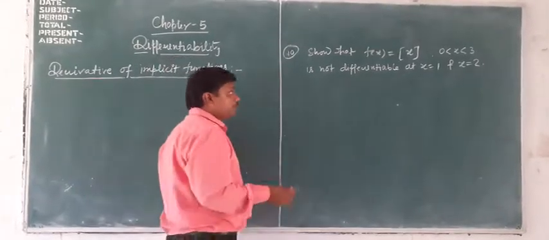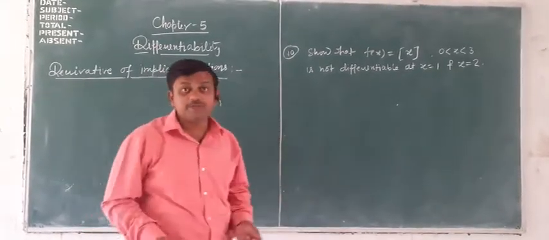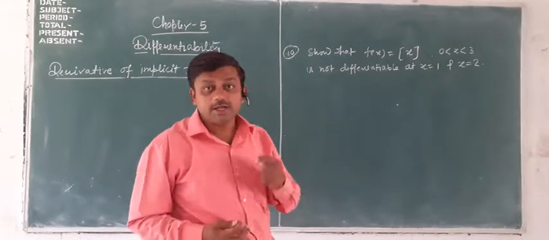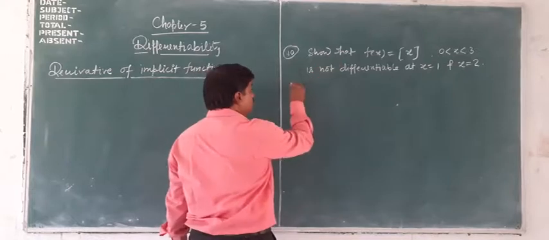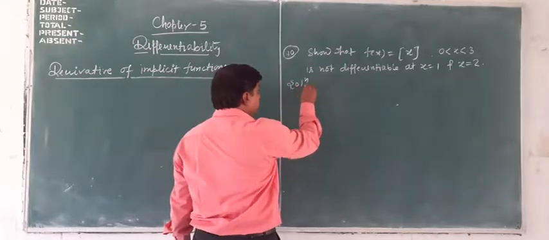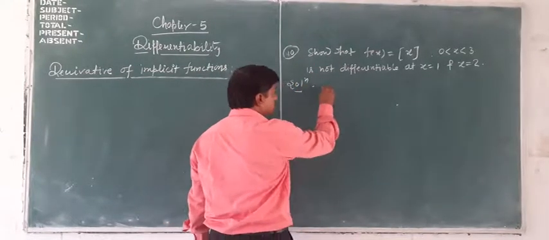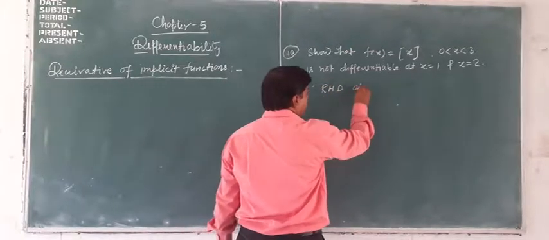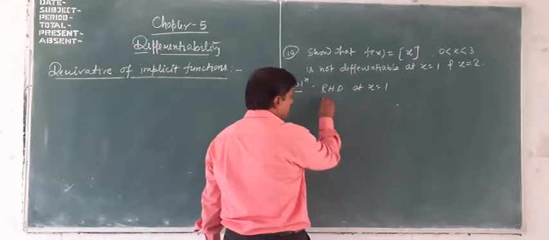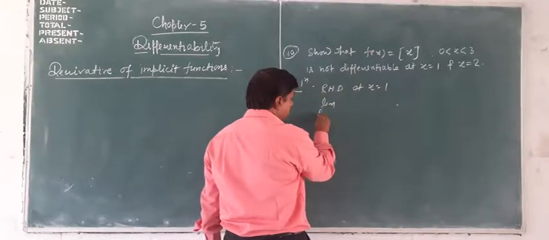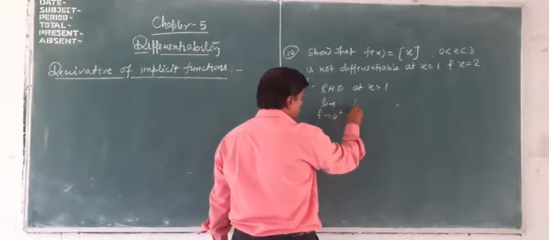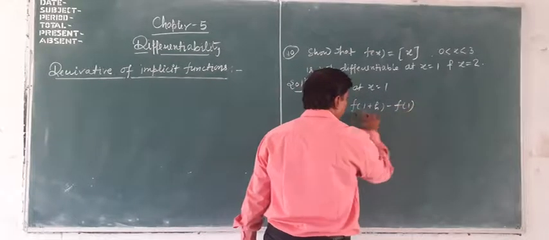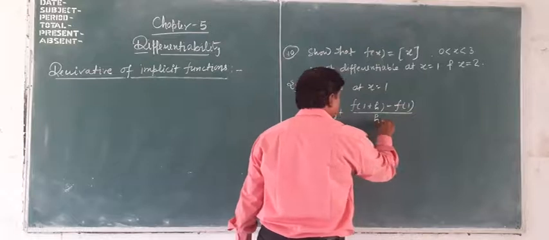First, for checking the differentiability of a function, we will check the right hand derivative as well as the left hand derivative of the function. The right hand derivative at x equal to 1 is given by the limit as h tends to 0 plus of f of 1 plus h minus f of 1, divided by h.